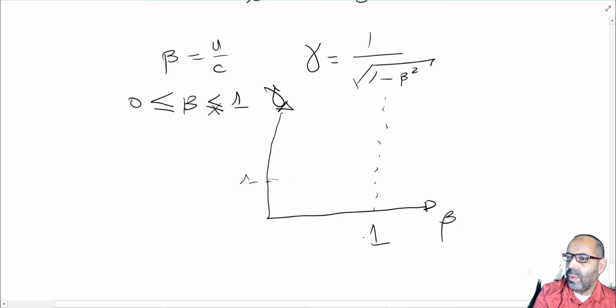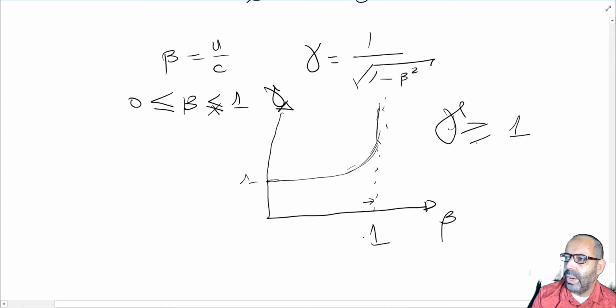And then it's going to start to change, and it's interesting to plot this thing on a function plotter, until it blows up to infinity when beta approaches 1 from this side. Then the ratio gamma can go to infinity. Therefore, gamma is always greater than or equal to 1.